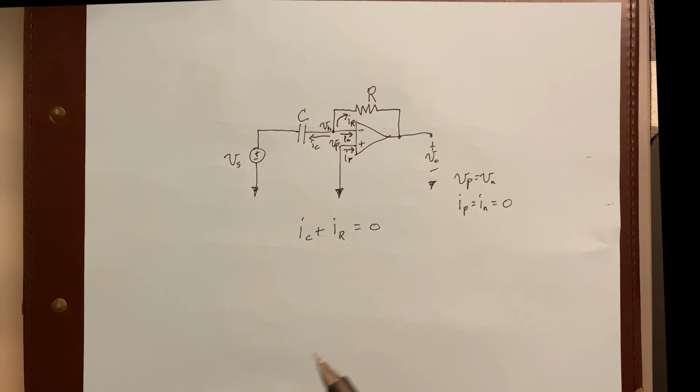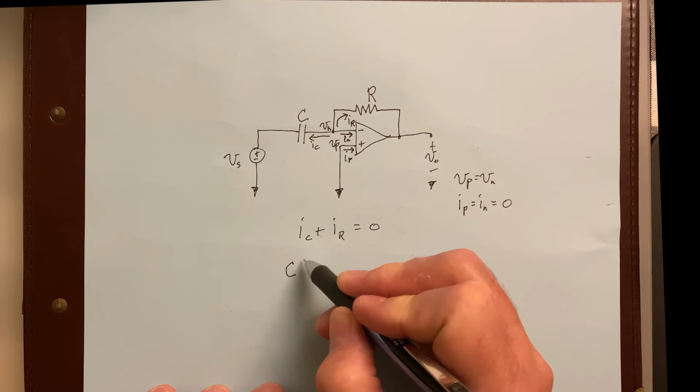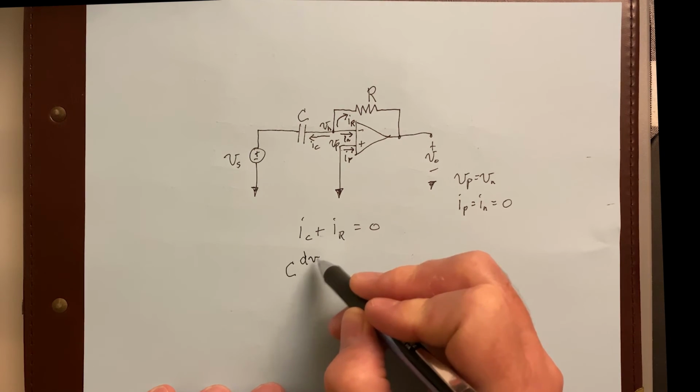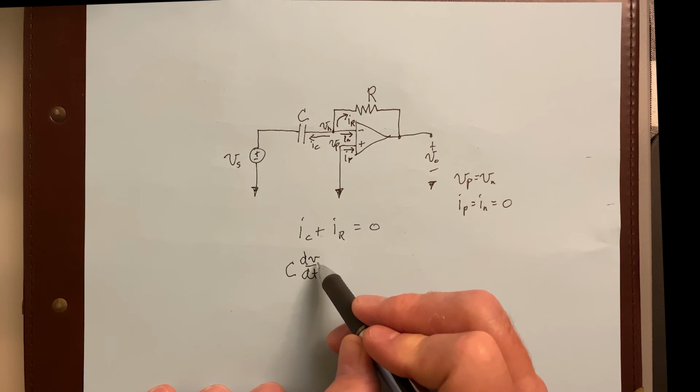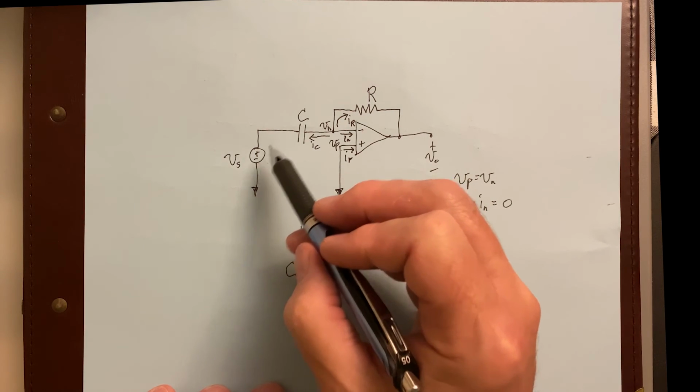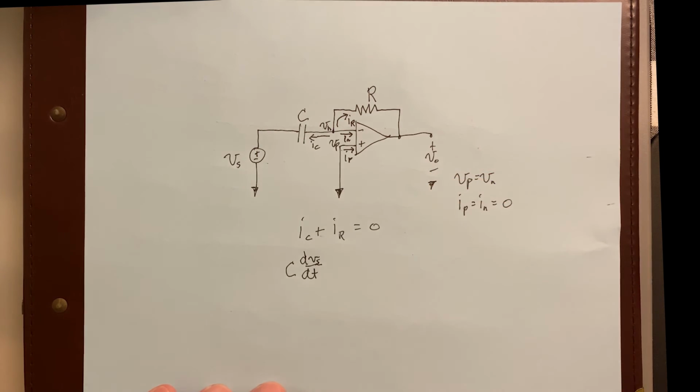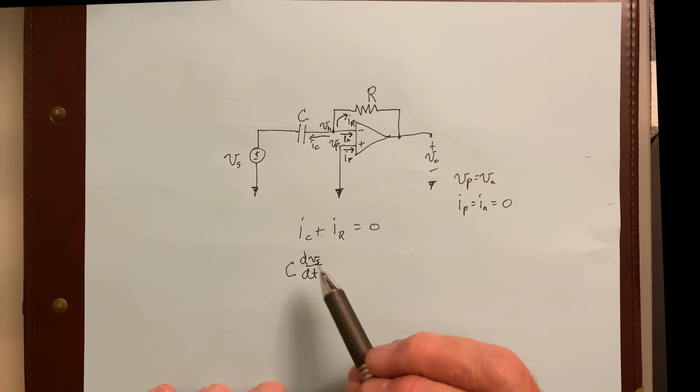Okay, well, the current going through the capacitor, that's just that relationship that we've been talking about. C dV/dt. So that's I sub C. Now that V right there is V sub S. That's the source voltage, because that's going to be the voltage across our capacitor here. Okay.